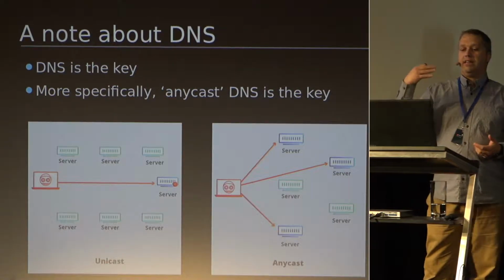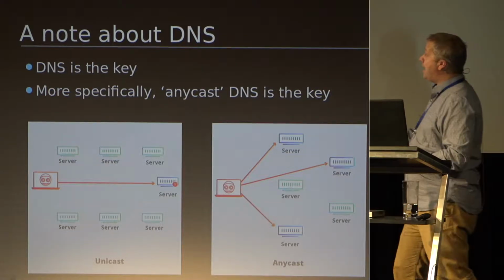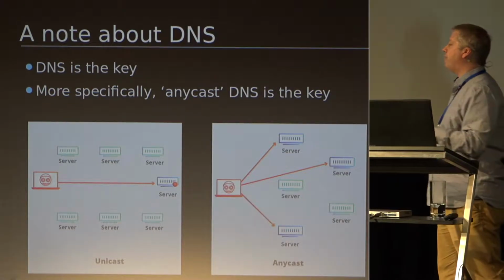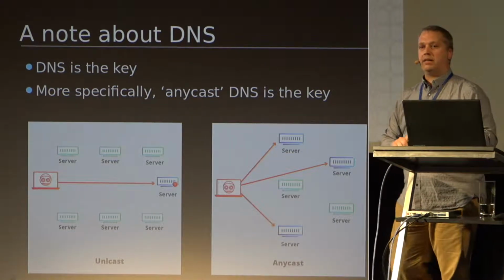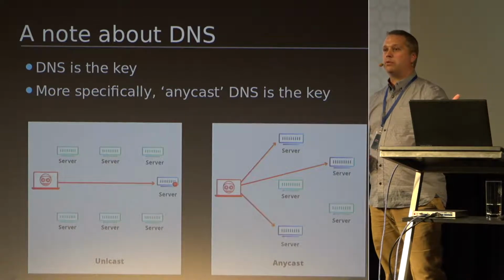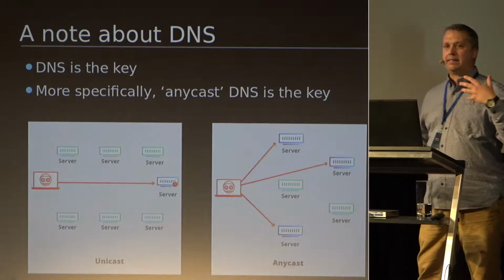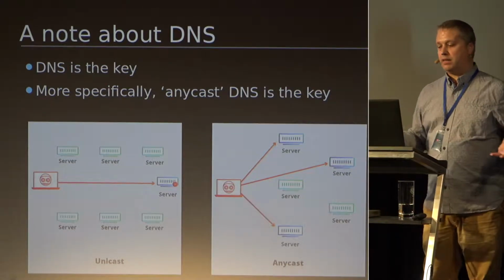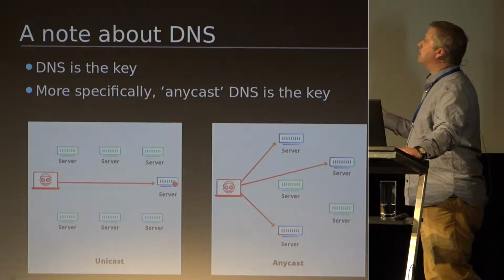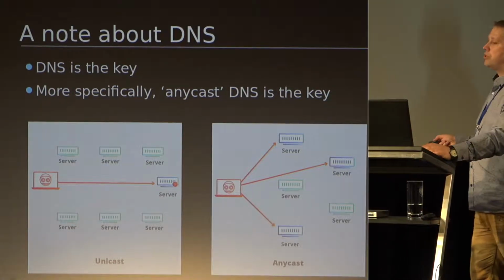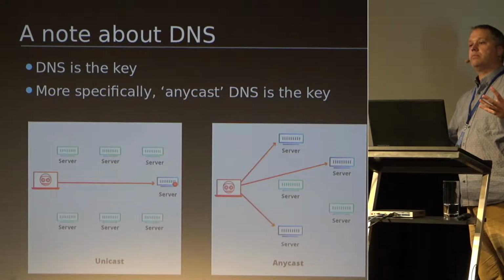So the reason that Anycast exists, and you'll find that every CDN provider, all of the cloud providers we talked about earlier on, will all use an Anycast model. In fairly simplistic terms, the Anycast model allows multiple hosts to share the same IP address.